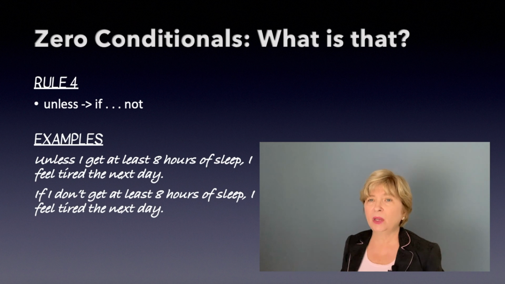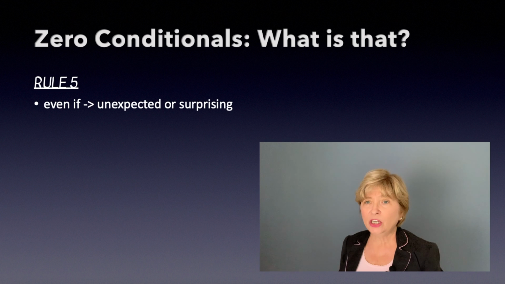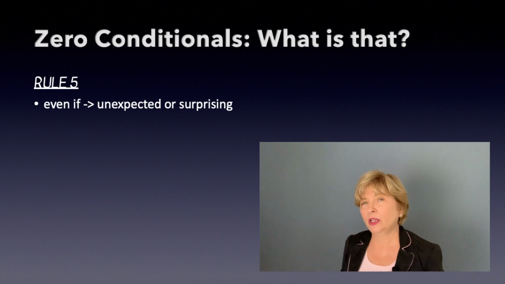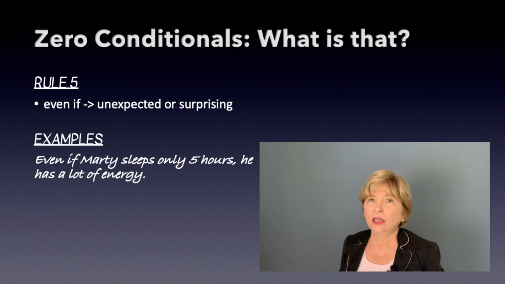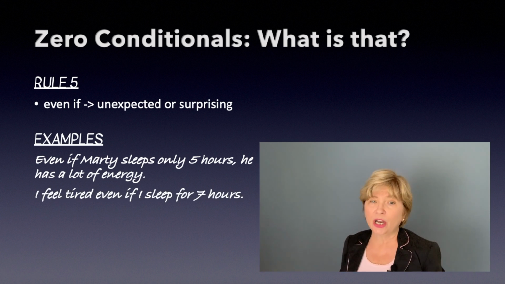These two have the same meaning. Rule number 5. A dependent clause in conditionals can also begin with even if. We use this when the information in the main clause is unexpected or surprising, like these examples. Even if Marty sleeps only 5 hours, he has a lot of energy. Or, I feel tired even if I sleep for 7 hours.